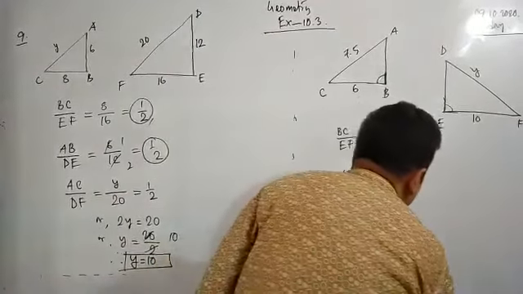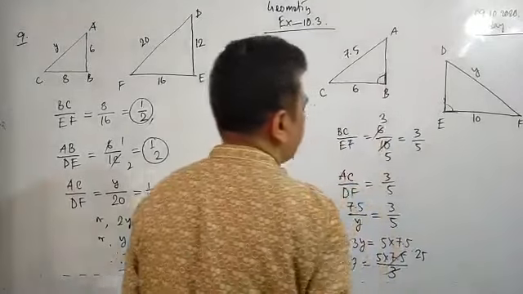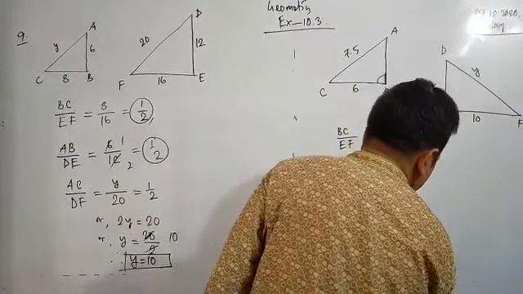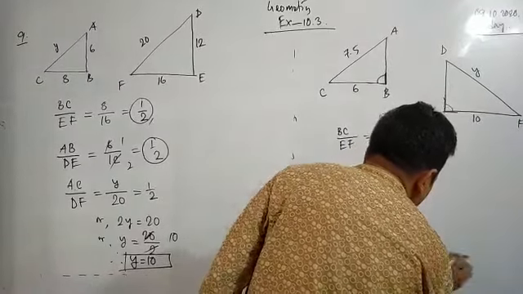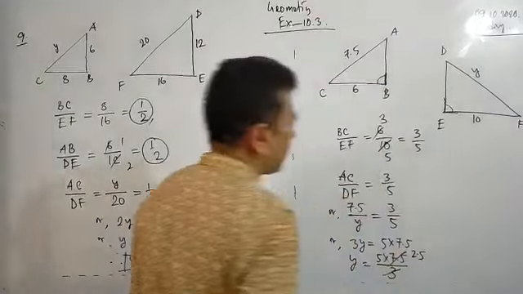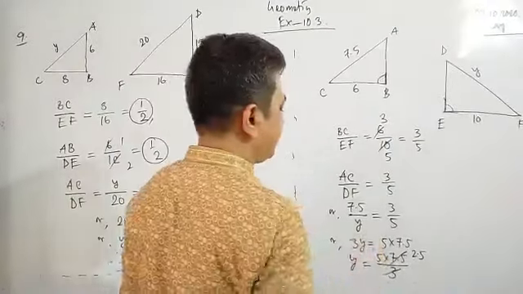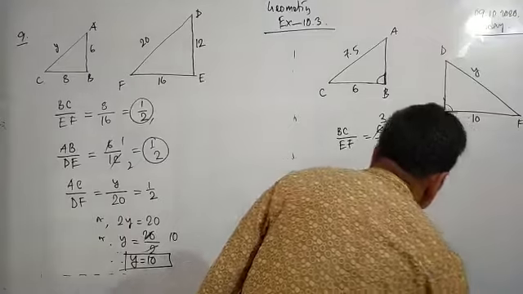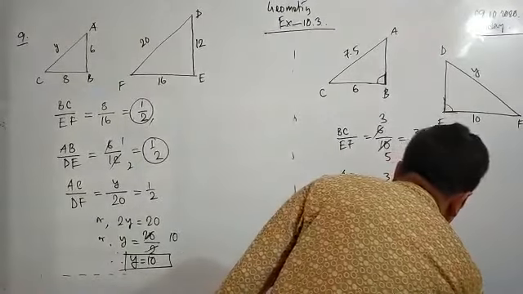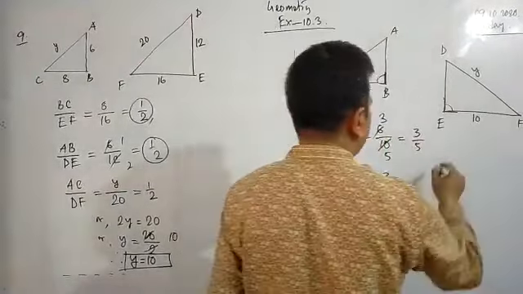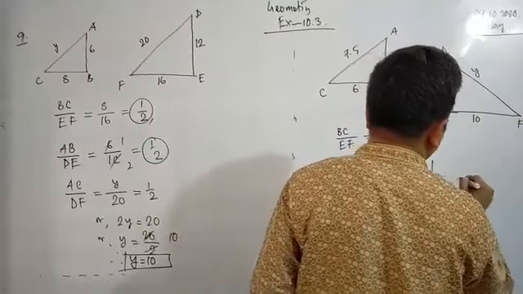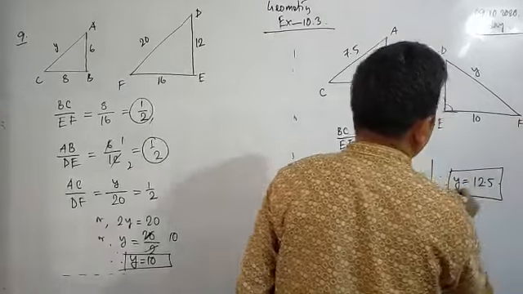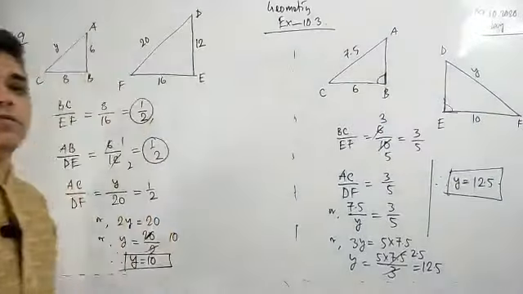So 7.5 divided by 3 is 2.5. If we multiply 2.5 by 5, it is 12.5. So the value of y equals 12.5. This is the way you have to find the value.